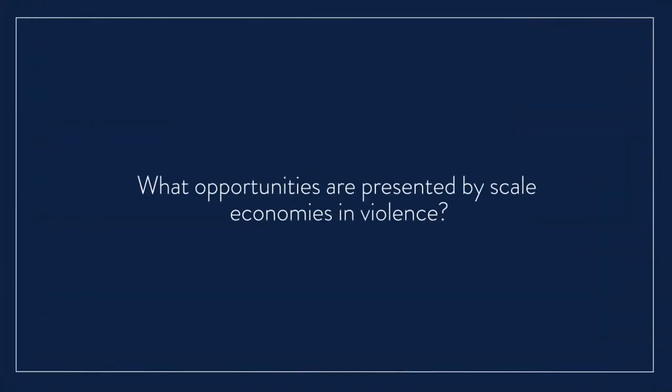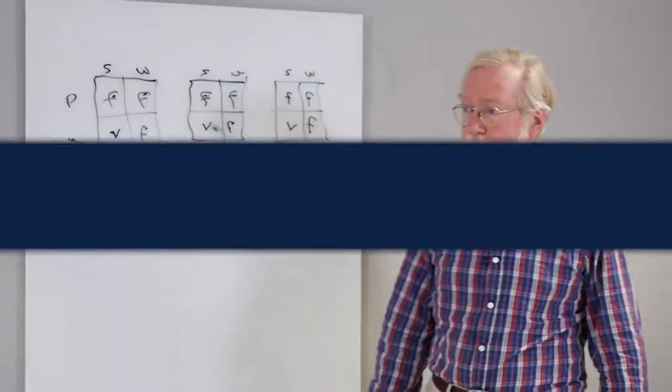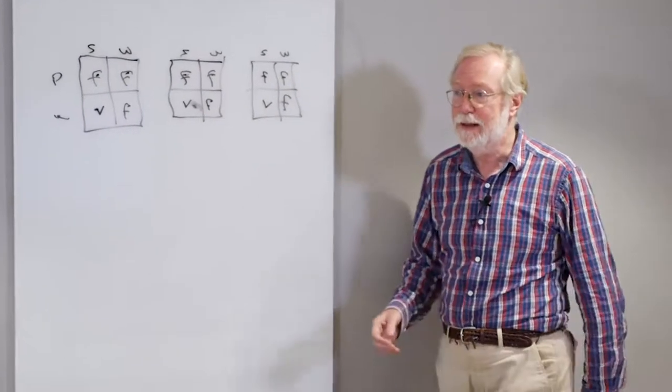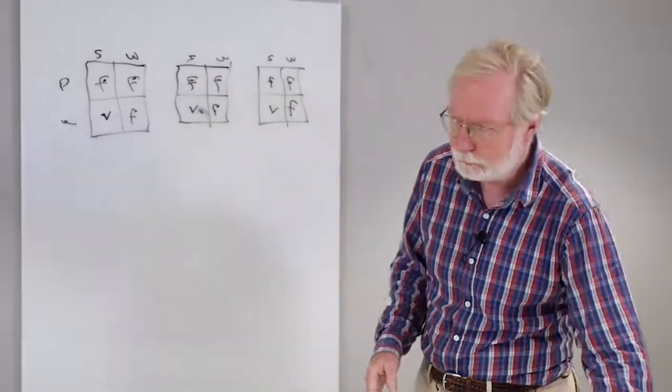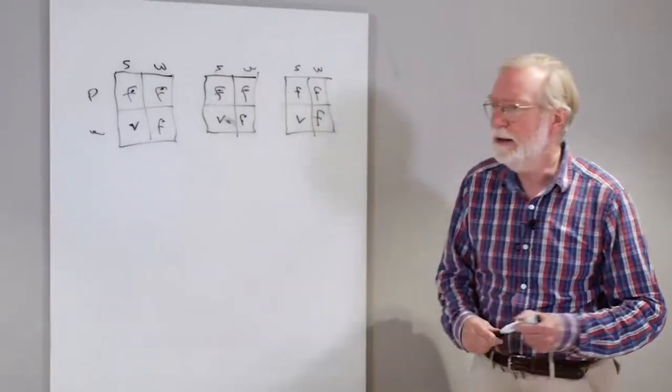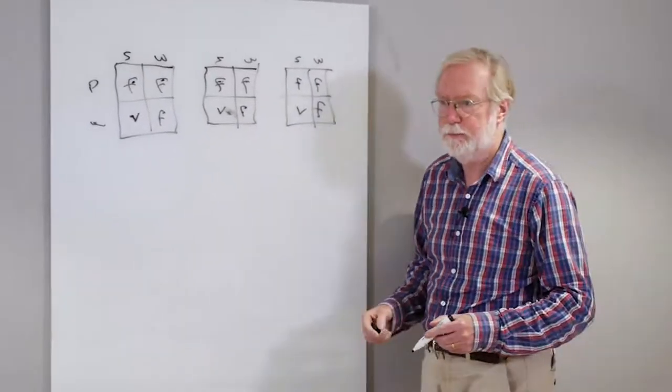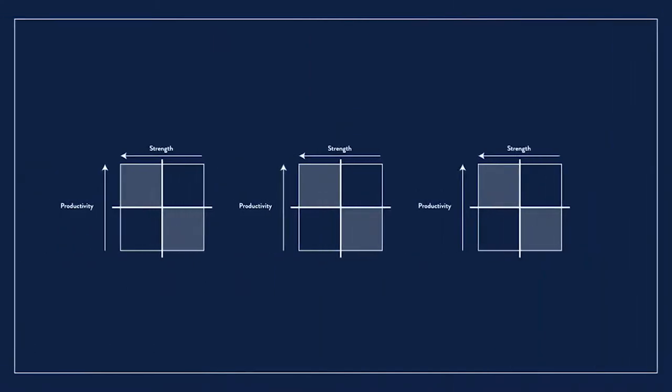What opportunities are presented by scale economies in violence that are not there if we don't have scale economies? And here's the opportunity I've got to sketch. We've got three guys who are individually violent, but individually they're no stronger than these three guys who are farming.